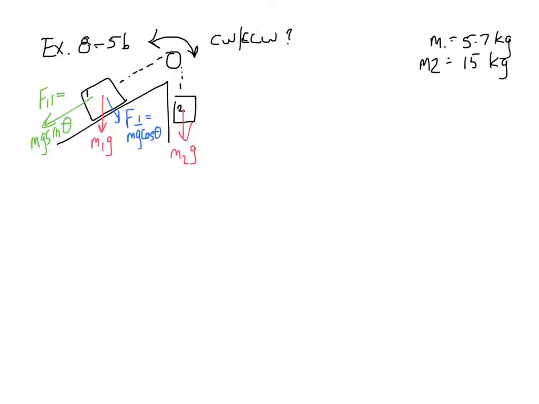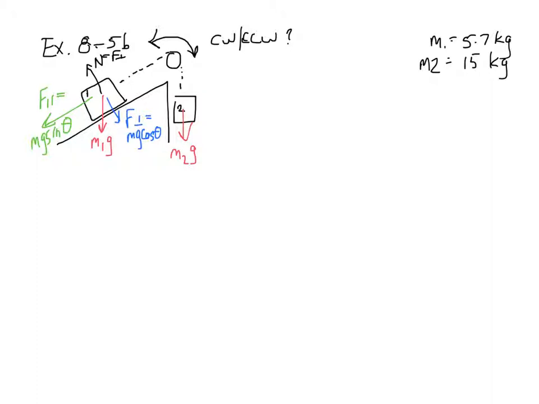Okay? There's also going to be a normal force, right? There has to be a normal force right here, because if there was no force from the plane pushing upwards, this box would sink into the ramp. So there's got to be a normal force straight up like that. And in this case, the normal force is going to be equal to the force perpendicular, right?